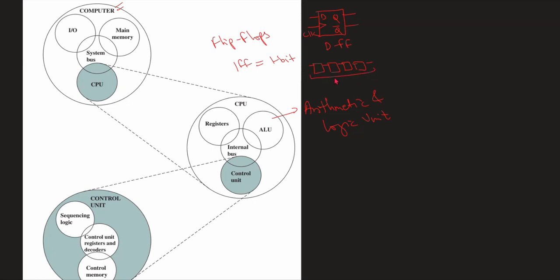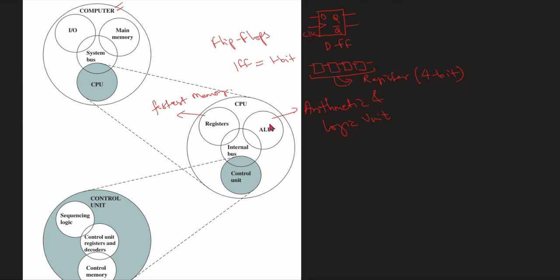It will be called a register, and this register has four flip-flops, so it will be a 4-bit register basically. These registers are there inside the CPU. Registers are considered to be one of the fastest memory elements. Among the different memories that we have in a computer system, the registers are considered to be the fastest one. And along with that, we have the control unit.